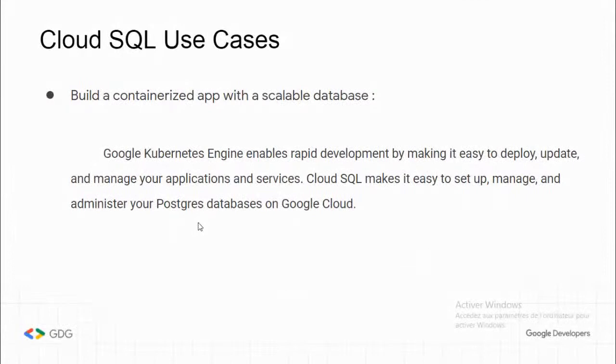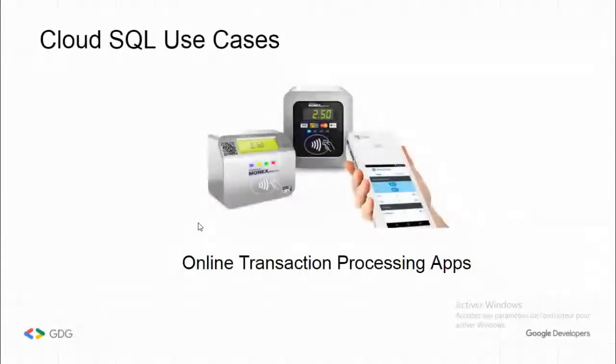Cloud SQL makes it easy to set up, manage, and administrate your PostgreSQL database on Google Cloud. And since Cloud SQL is a relational database, you can use it with any online transaction processing apps, such as order or payments processing apps, where you need to handle frequent queries with fast response time.